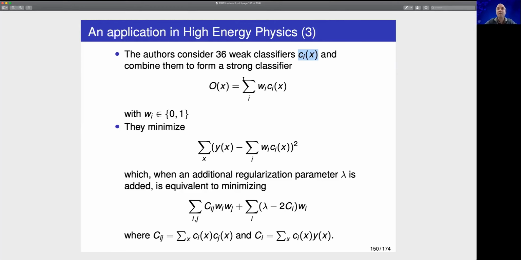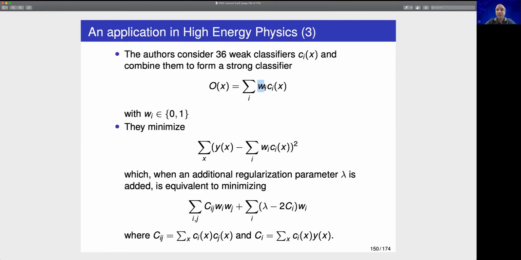And what they did was to consider a combination in a strong classifier, which is a linear combination with these coefficients w sub i, which can be 0 or 1. You can consider the output of the weak classifier or not, and you combine all of them to give a general output that you then use to classify your event into signal or background, okay?